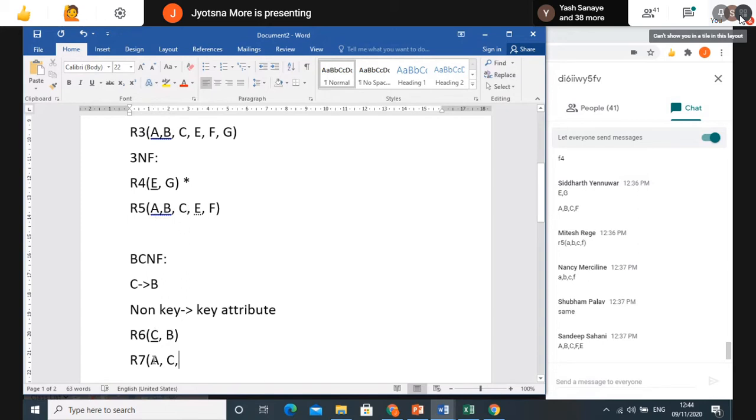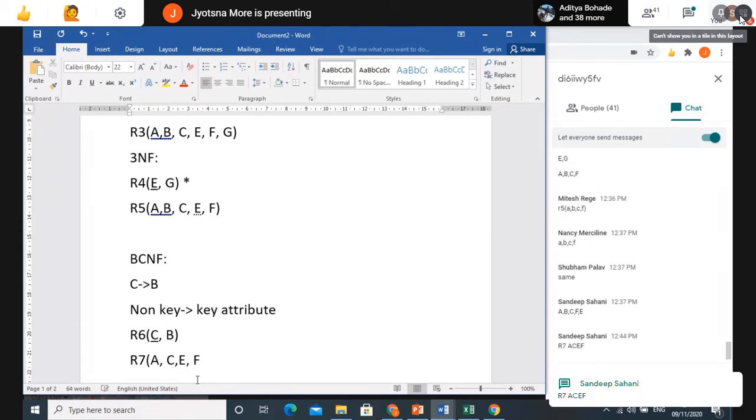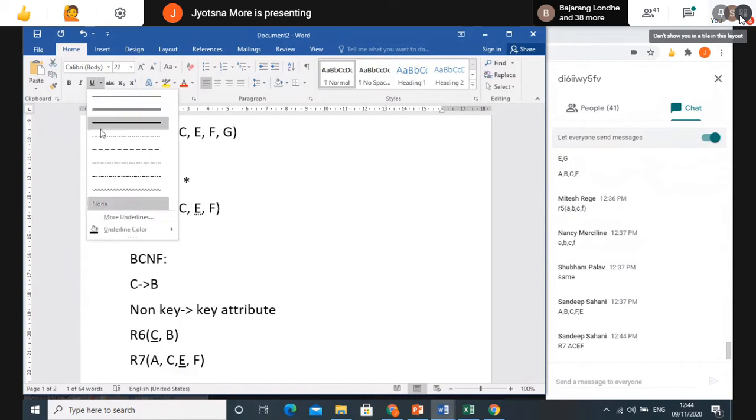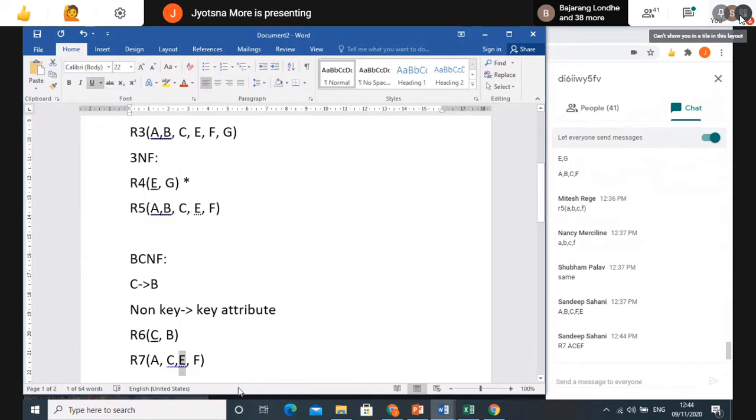A and C are now key attributes which I am taking here, and E, F. So R7 is A, C, E, F, where E is my foreign key, as it is I will keep, and A and C will act as my key attribute now.